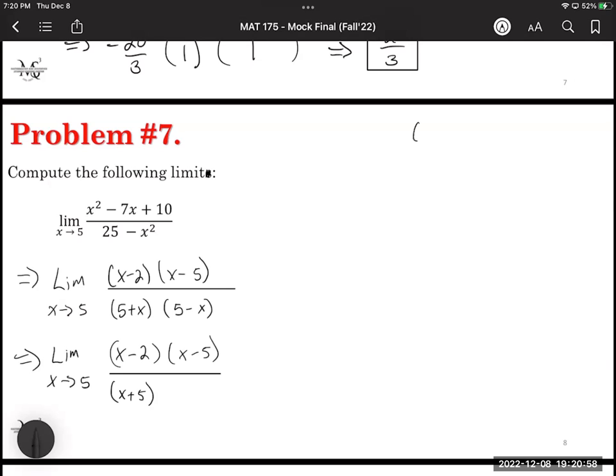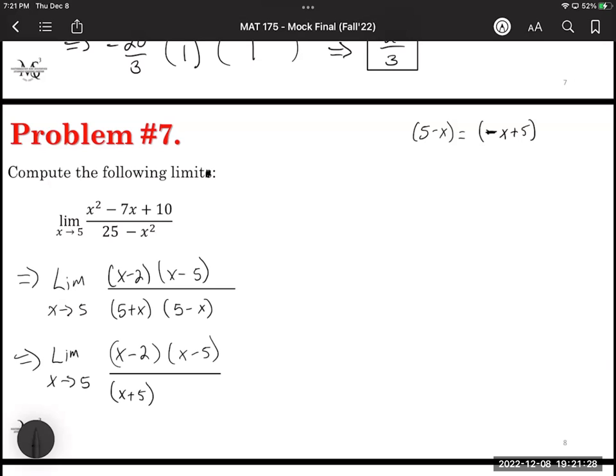So 5 minus x is the same as negative x plus 5. That's right, Omar. If it was just x squared minus 25, we wouldn't have had to worry about this. But because it was this particular way, we have to do a little extra work.